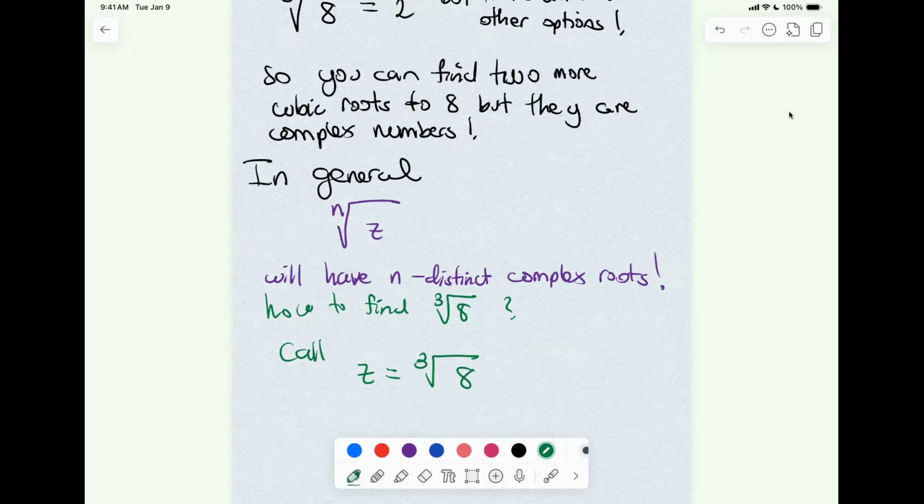What does it mean to have that property? That if you cube it, you get 8. That is what it means to be a cubic root: if you take the cube, you get back what you started with. This is the key defining property of any root.